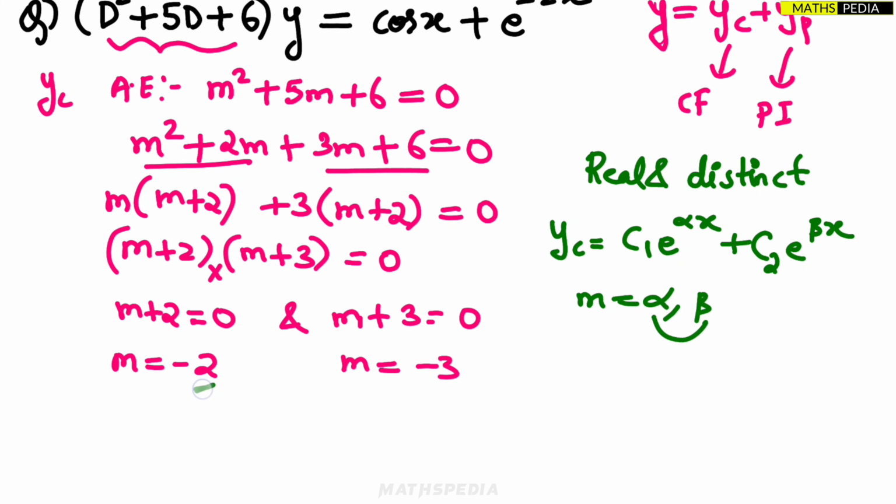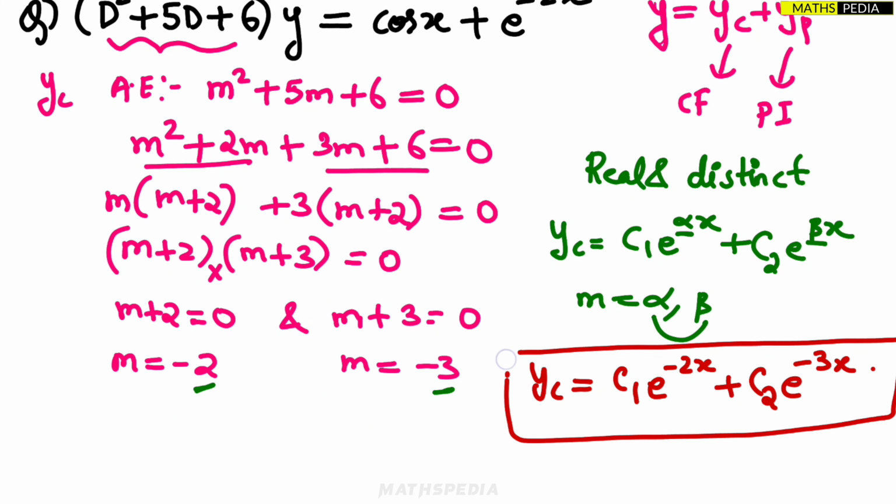Here alpha and beta you can observe are minus 2 and minus 3. So in place of alpha and beta you have to substitute those values. Therefore for this particular equation yc is equal to c1 e power minus 2x plus c2 e power minus 3x. So this becomes the yc value.